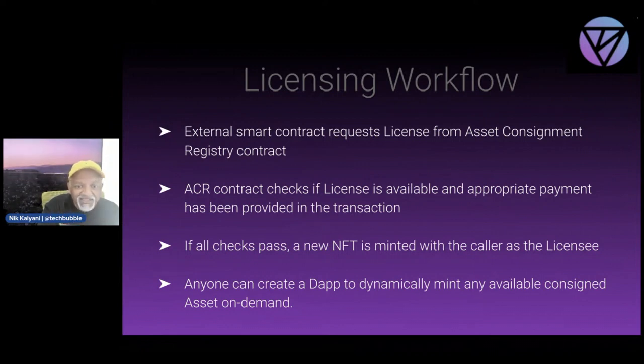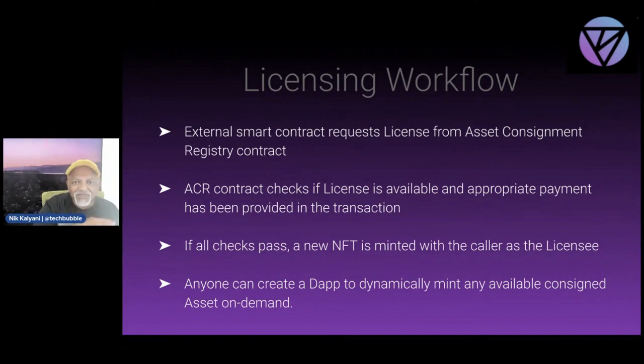The ACR knows how much should be paid for that particular license, and you need to supply that when a smart contract calls in for that. If all the checks pass, guess what? The ACR mints a new NFT on the fly and issues a license to the caller, making them a licensee.